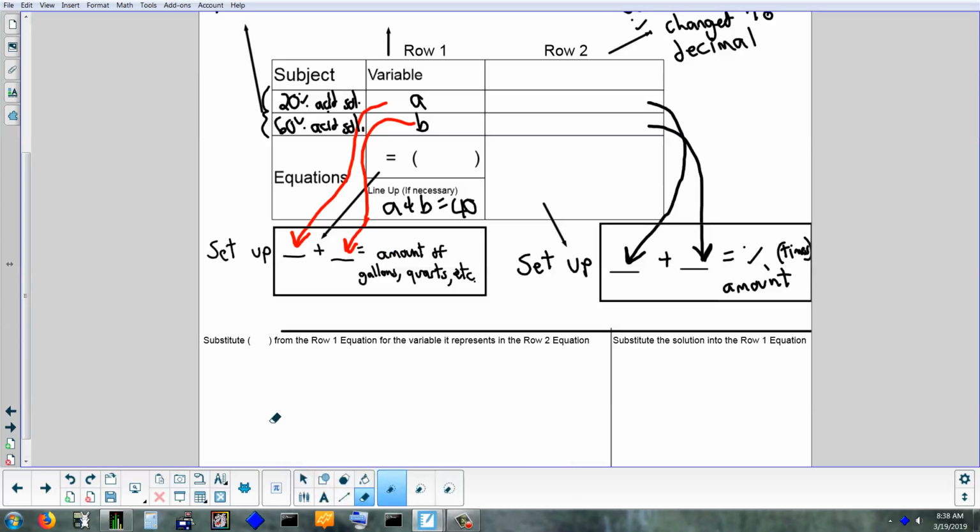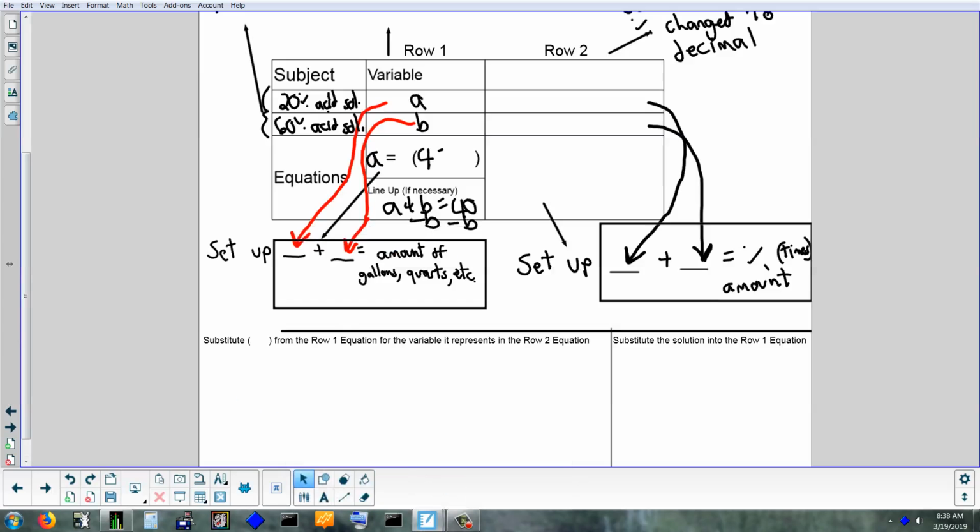A or B. I'm going to subtract B, so I'm going to minus B from both sides. My equation that's rearranged will be A equals 40 minus B. That's how I rearrange it. A equals 40 minus B.